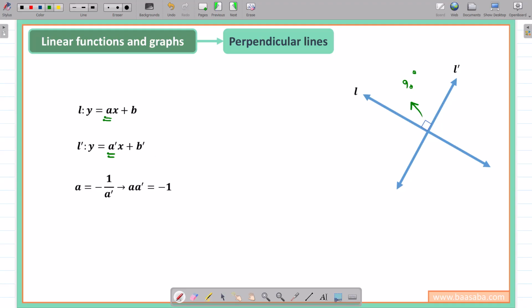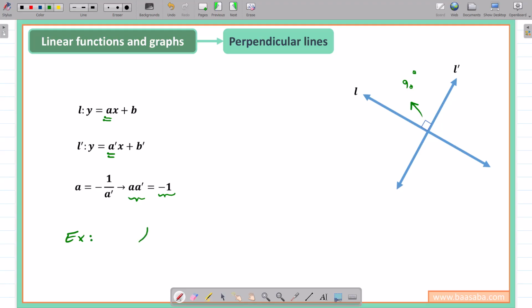These numbers represent the gradients of the lines. When one of the gradients is the negative reciprocal of the other one, it means that the lines are perpendicular. Or in other words, when the multiplication of the gradients of the two lines is -1, the lines are perpendicular. Again, let's do an example.